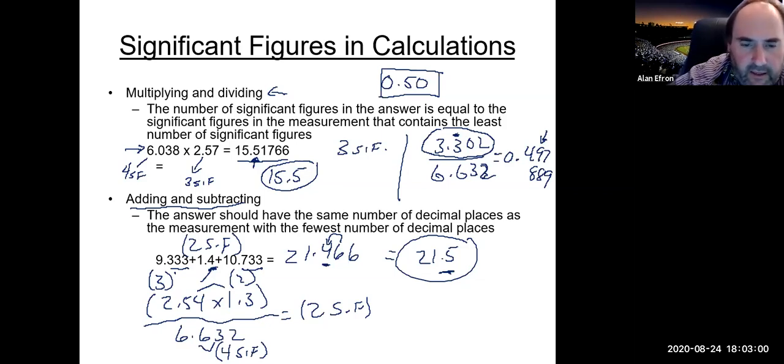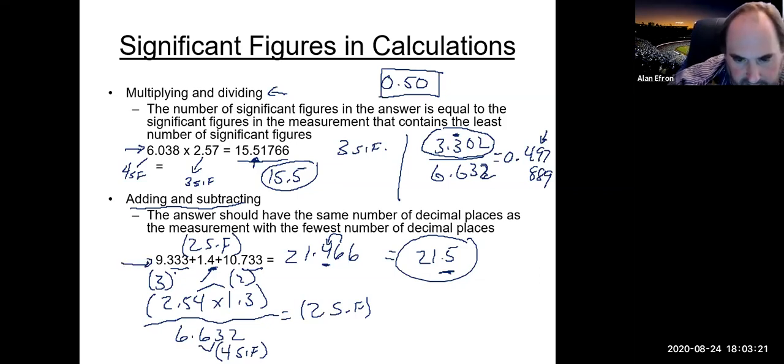Any questions on calculations that involved significant figures? Yeah, so the question is about the adding example over here, the original example.